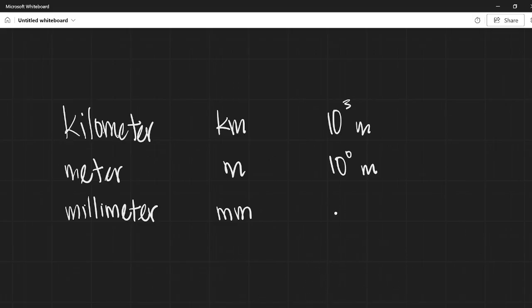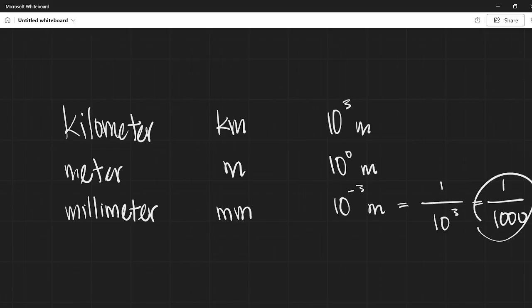What's the quantity of meters in 1 millimeter? It's 10 to the negative 3 meters. Okay, remember, 10 to the negative 3 equals 1 over 10 to the positive 3, and 10 to the positive 3 just equals 1,000, right? So therefore, milli means 1 over 1,000, or 10 to the negative 3 is a more compact way that we write that using scientific notation.